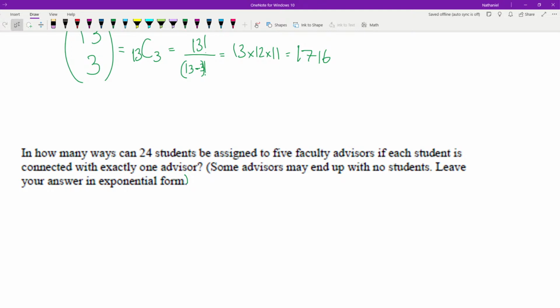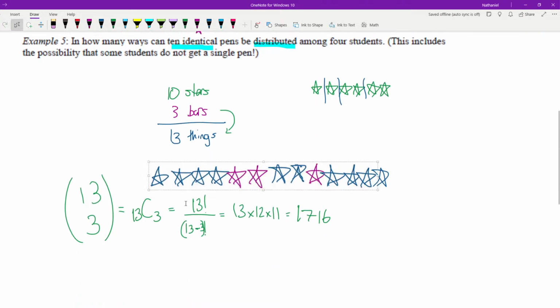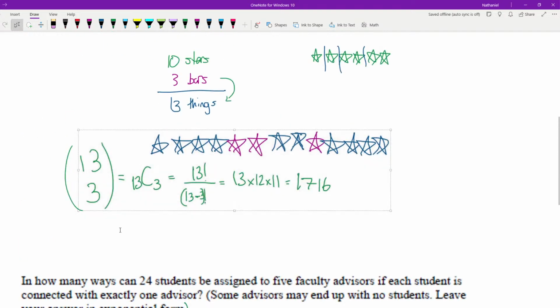So if you were a student versus if you were a faculty advisor. In this last example, it might be good to think of it as if you were the pen or if you were the 4 students. So for us, we didn't really approach it that way. We kind of took ourselves out of it.